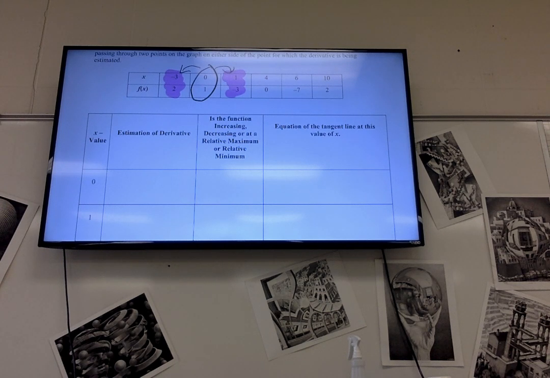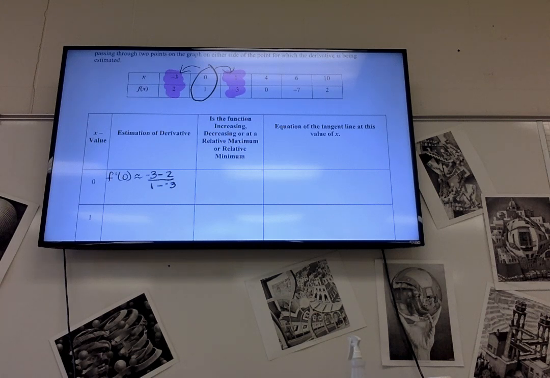So f prime of 0 is approximately, I'm just repeating how to find slope, y2 minus y1 over x2 minus x1. It doesn't matter if you have those flipped around as long as you have them both flipped around.